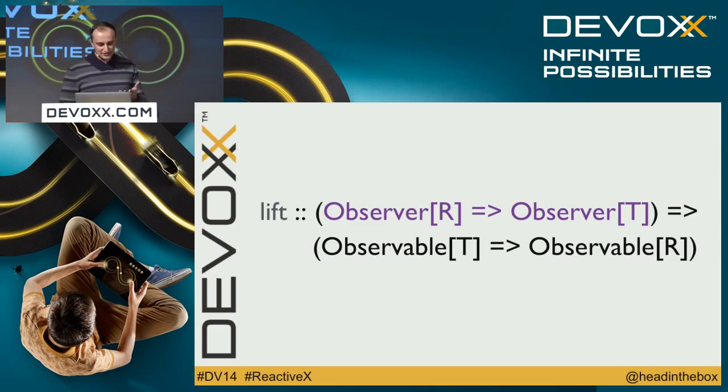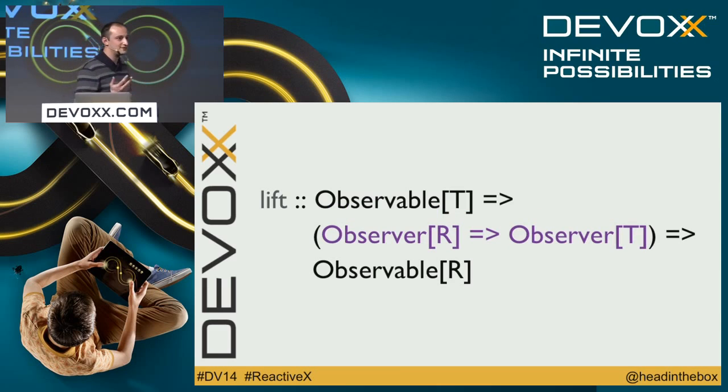This is how we would define this in theory or in Haskell. In reality, we're in an object-oriented setting. So we take the first observable from the resulting function and make that the this pointer. We operate on some instance observable of T, we give it a function from observer to observer, and we get back a new observable.